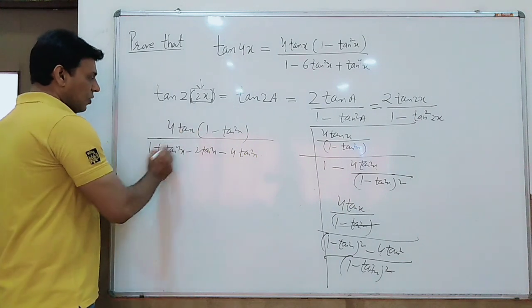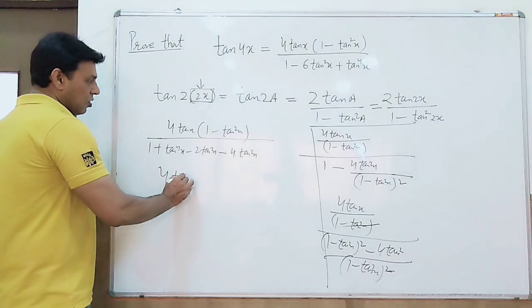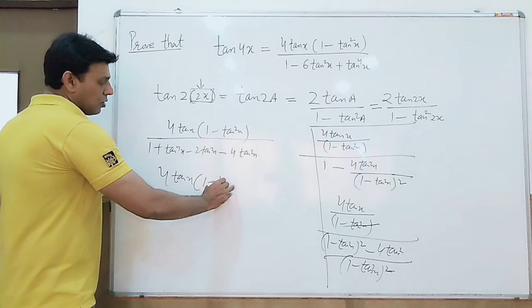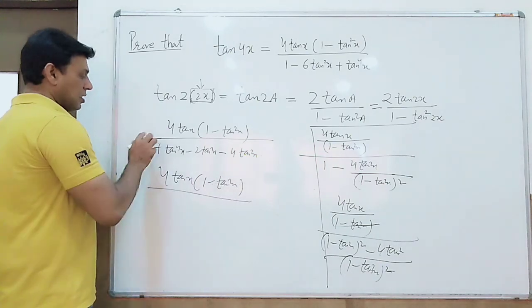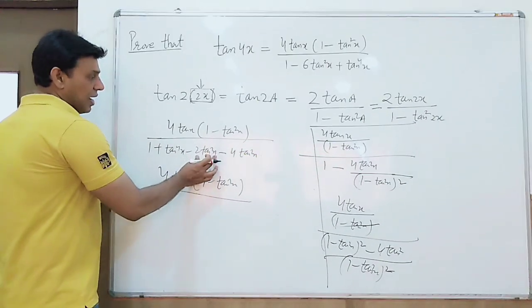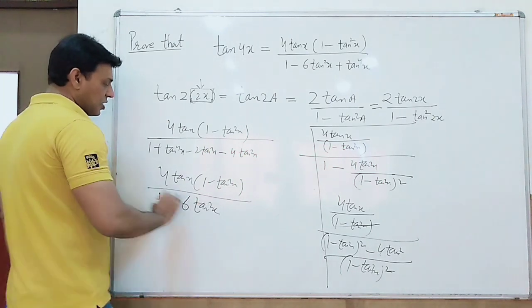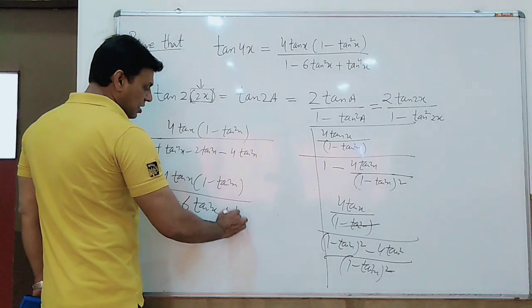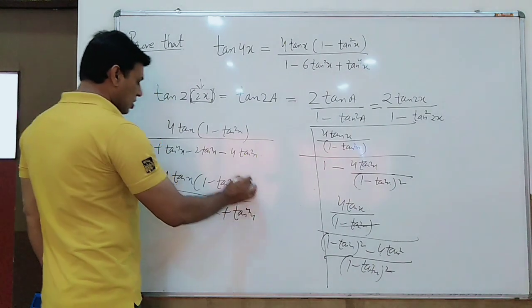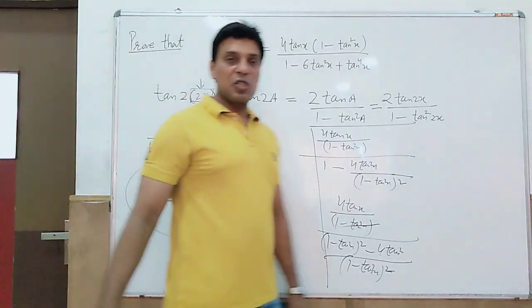So now you can arrange it properly, that is 4 tan x, 1 minus tan square x, then 1 minus 2 tan square x minus 4 tan square x, minus 6 tan square x, and then plus tan to the power 4 x. So this way you can prove this question.